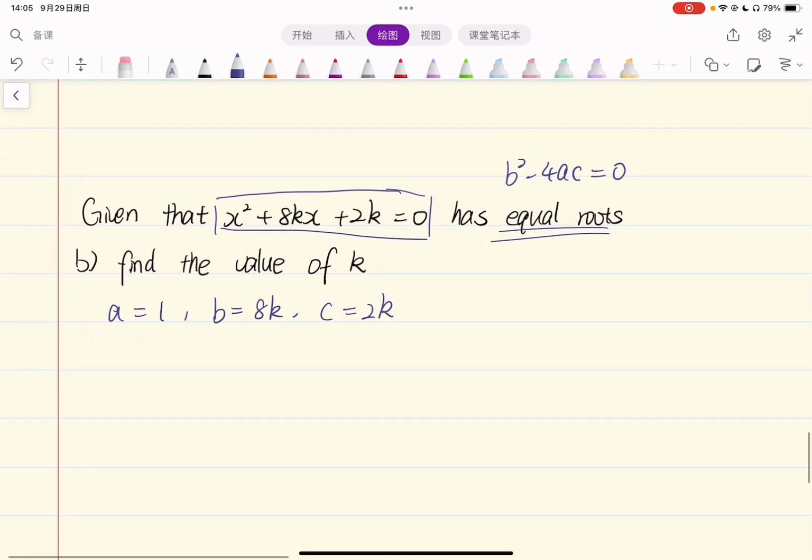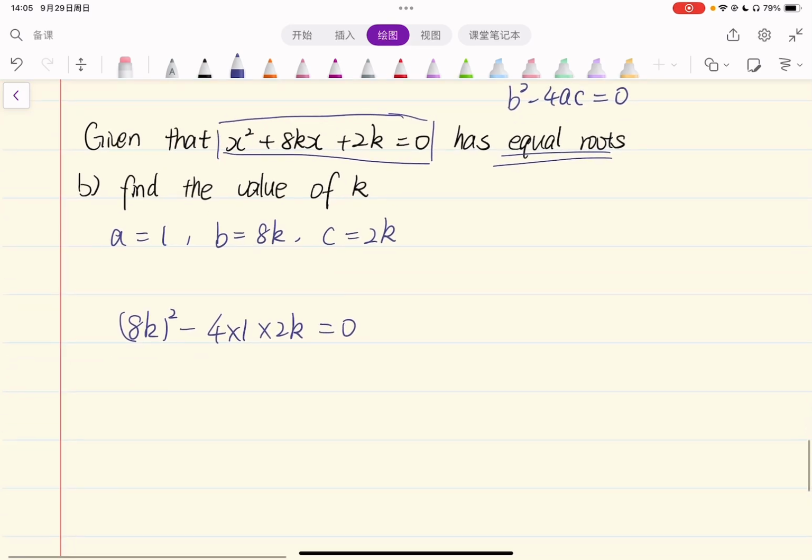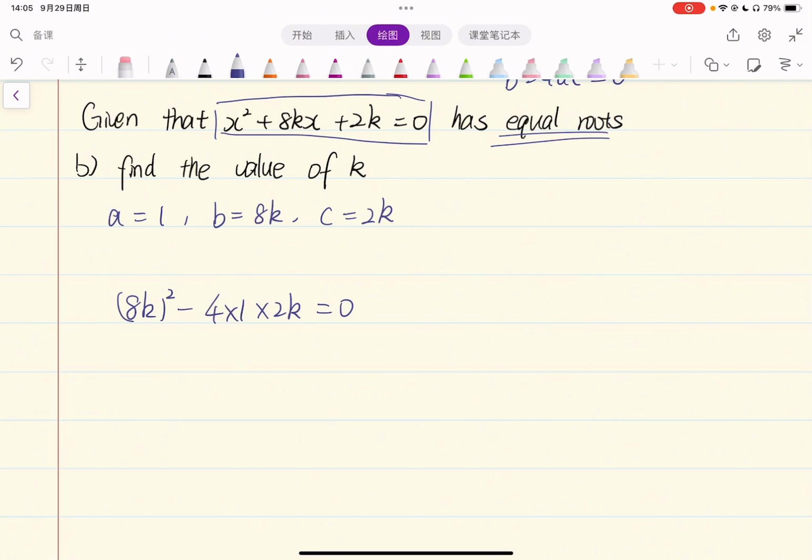Then we substitute them into b squared minus 4ac equals 0. So we got (8k) squared minus 4 times 1 times 2k equals 0. Then we have 64k squared minus 8k equals 0.